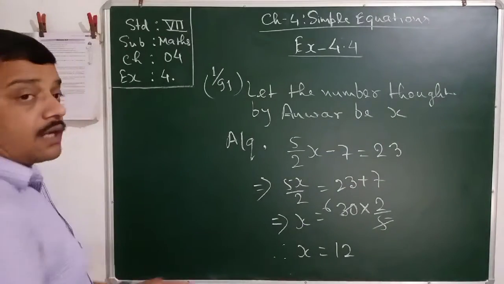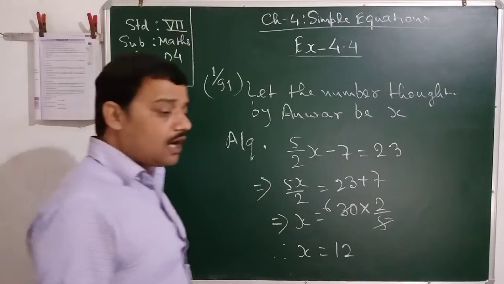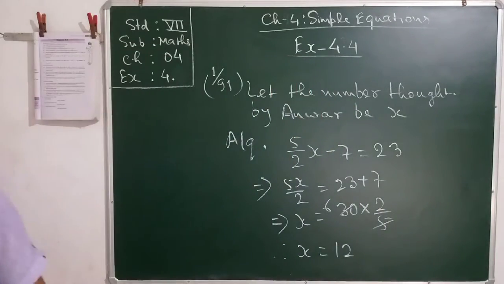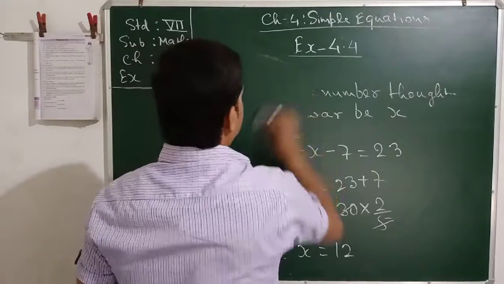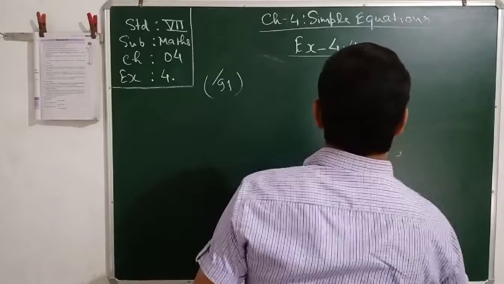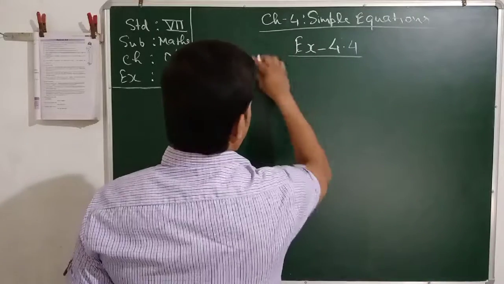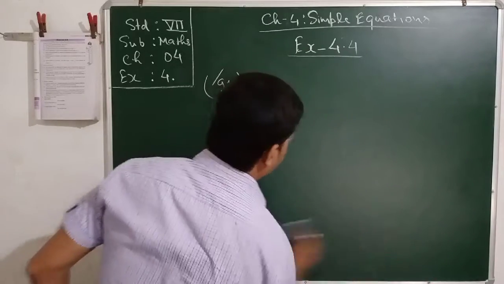Now, after completion of one number, come to the two number. There also we are asked to set up the equations and solve them. The second sum is on page number 91 only.